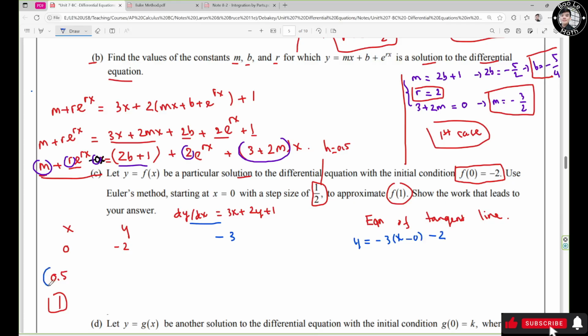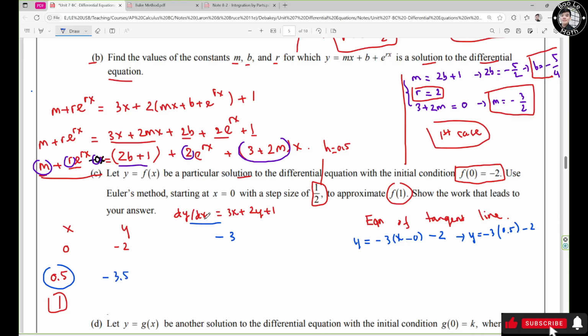I need to substitute 0.5 for s into this equation to solve for new y, right? So it's going to be y equals -3 times 0.5, subtract 0 is going to be 0.5 minus 2, right? So -3 times 0.5 is going to be -1.5, subtract 2 is going to be -3.5, right? So it will be -3.5 right here.